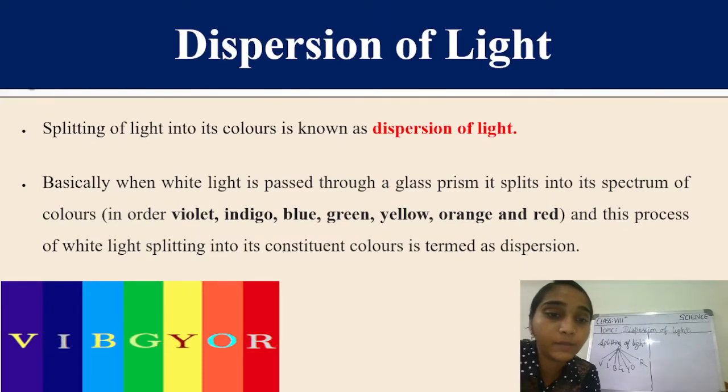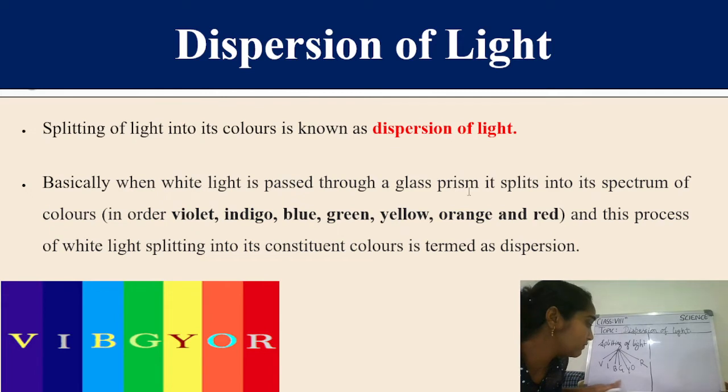Basically, when white light is passed through a glass prism also, a prism is a transparent type of thing, it splits into the spectrum of colors. Here the prism was not there, but the mirror was acting like it, dispersing that light into the spectrum of colors. Which is that spectrum?